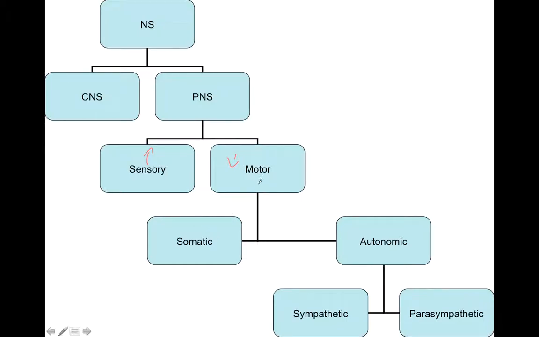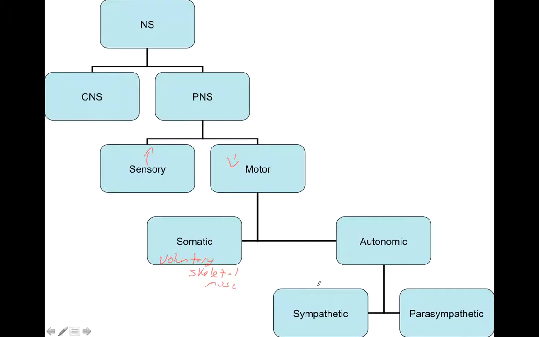And then the motor nervous system is broken down into two subsections. The somatic, which is the voluntary nervous system. Think of skeletal muscles. Things that we can control consciously. And then the autonomic is things that are under unconscious control.